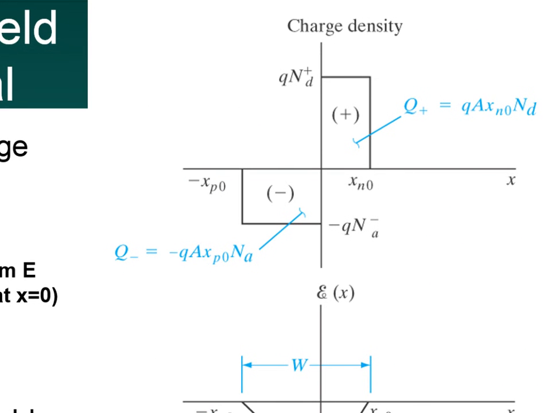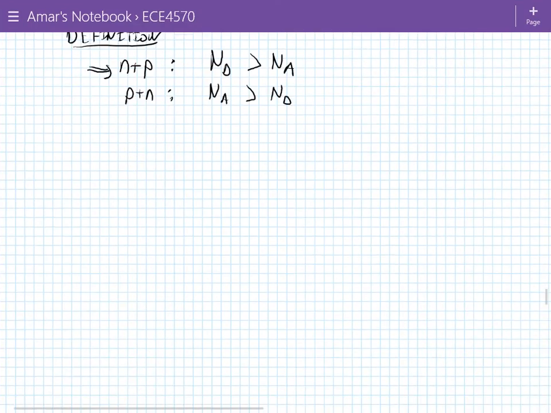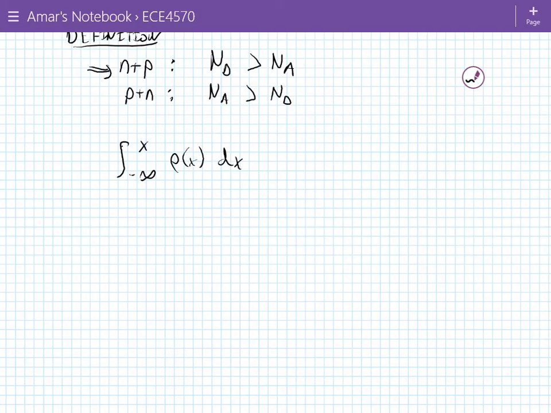So I think it's worth it to just understand this concept. The integral from negative infinity to x of rho of x dx. Let me move this down.